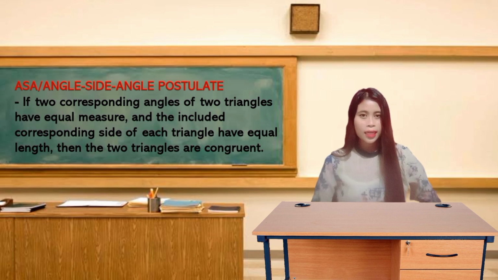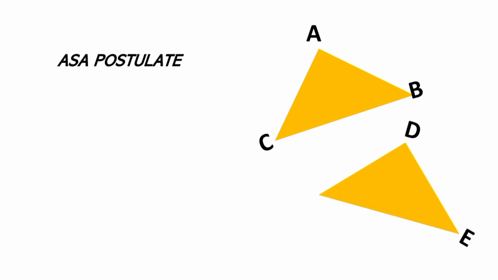The ASA or angle-side-angle postulate: if two corresponding angles of two triangles have equal measure and the included corresponding side of each triangle have equal length, then the two triangles are congruent. For example, the triangle ABC and the triangle DEF.